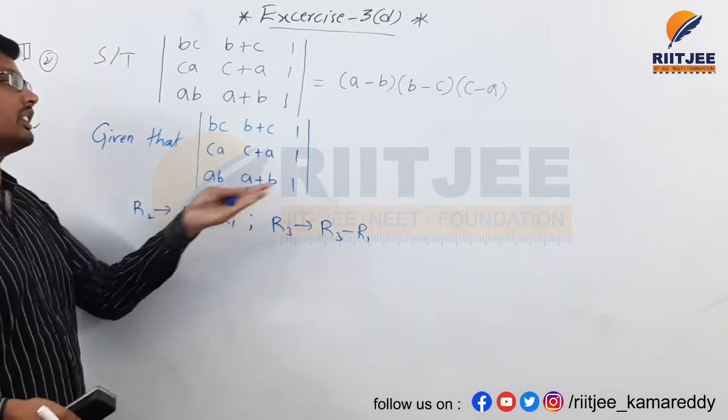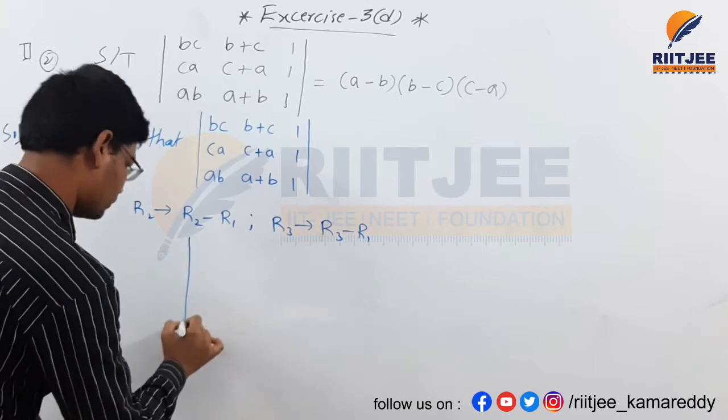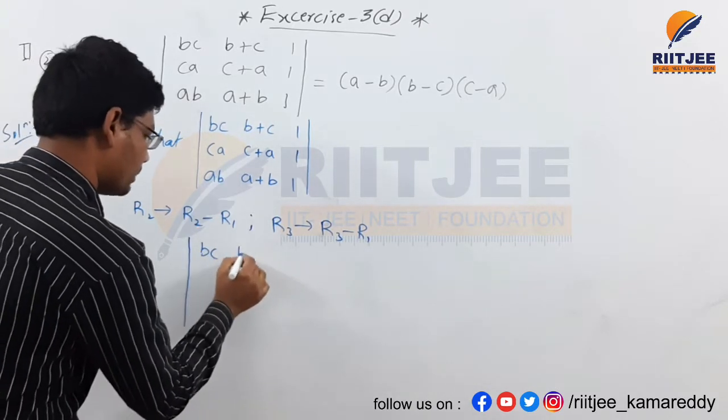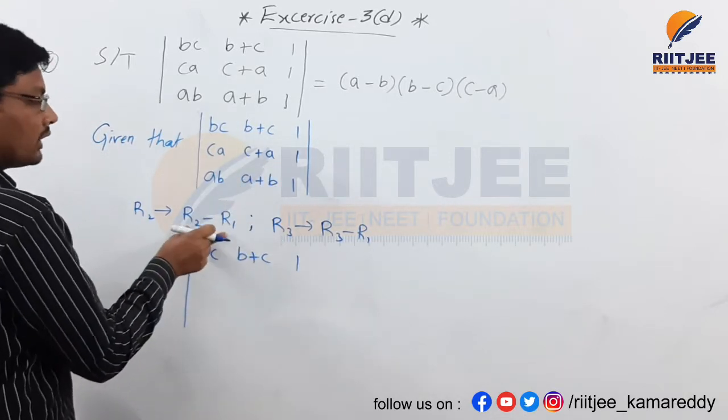This is the determinant, and the output is BC, B plus C, 1. I am changing only R2.